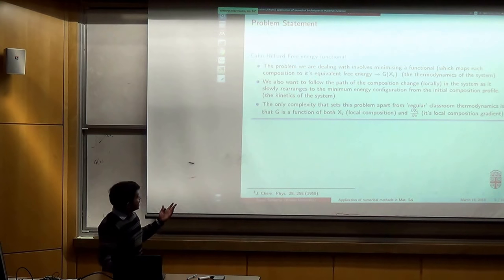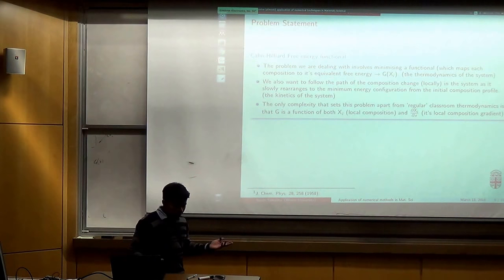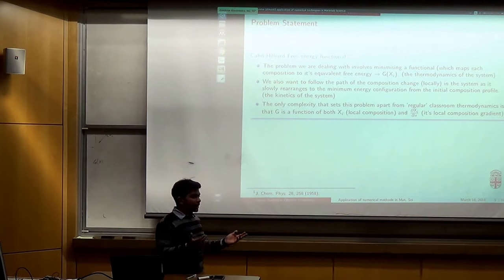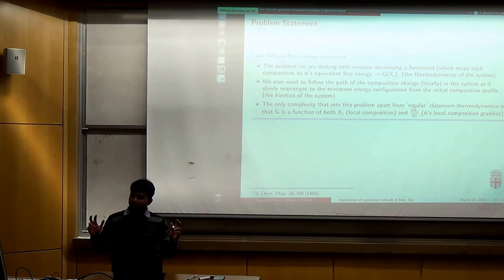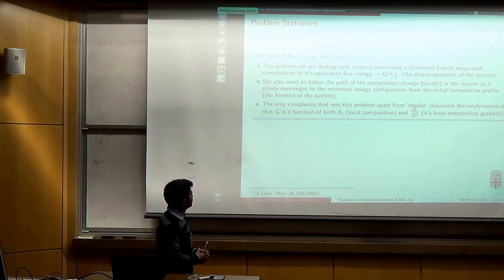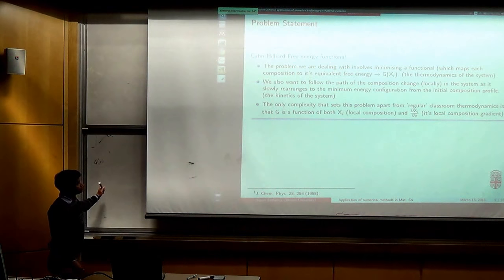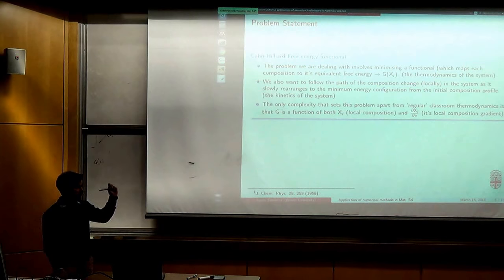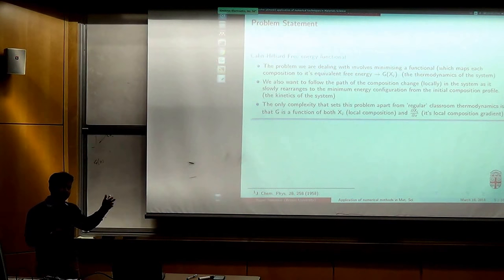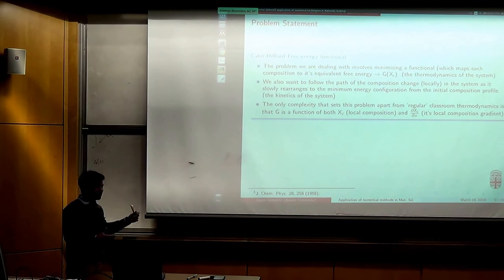But in this case, why is this a challenging problem? Because if you do regular classroom thermodynamics, the regular solution model, what we find is this function g over here is a function of just x, the fraction of the composition, not of the point.